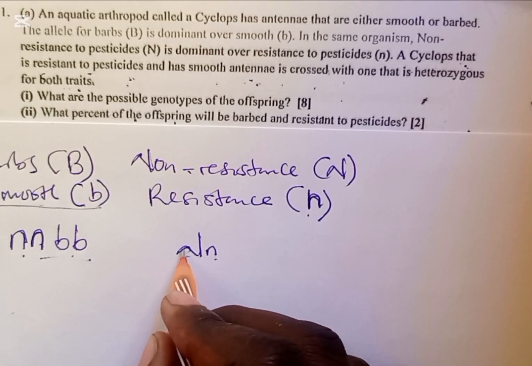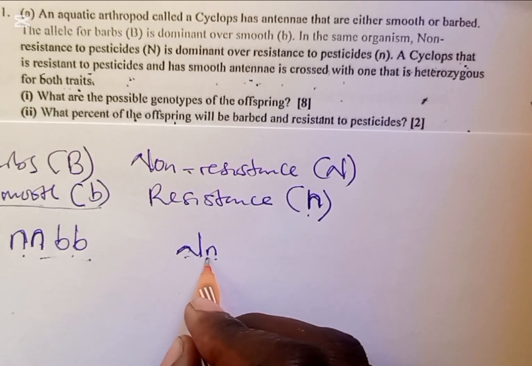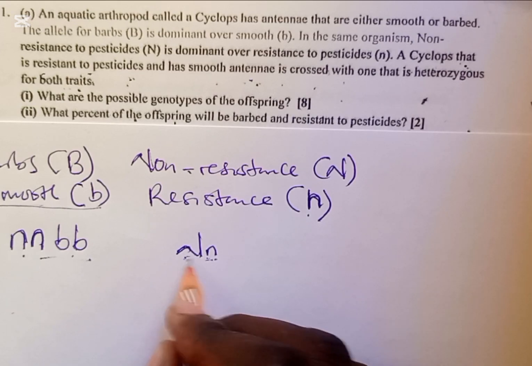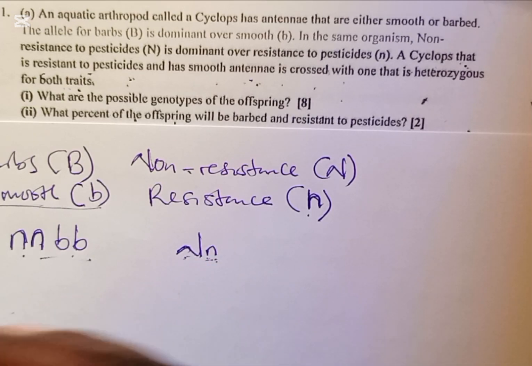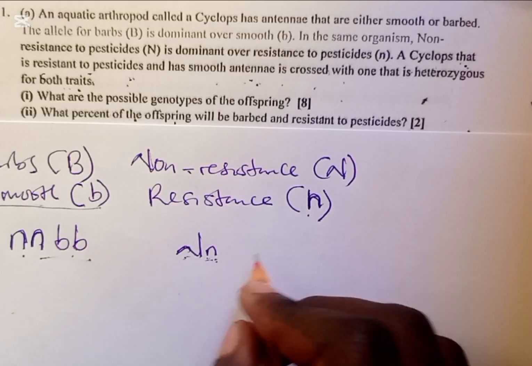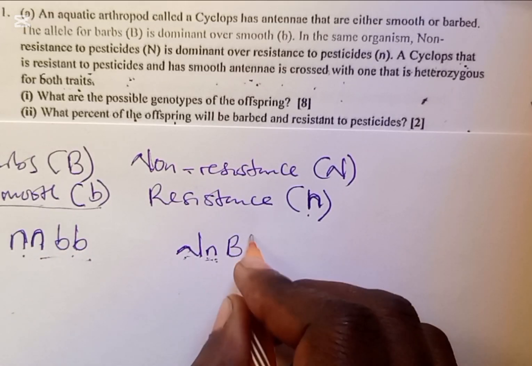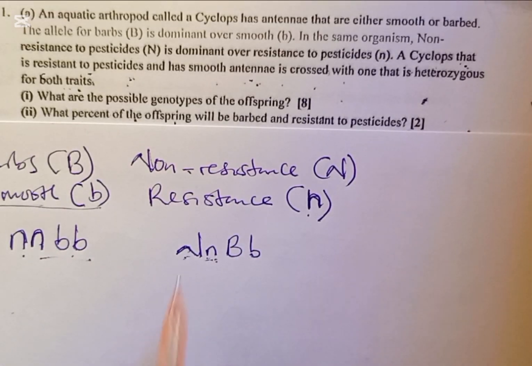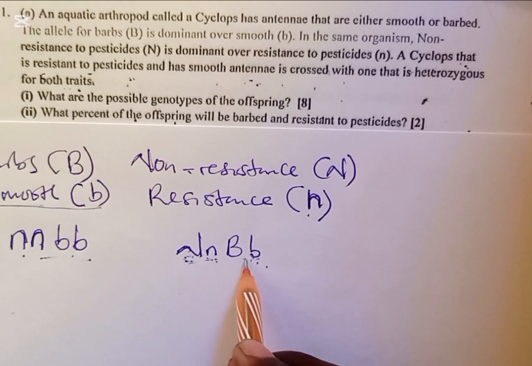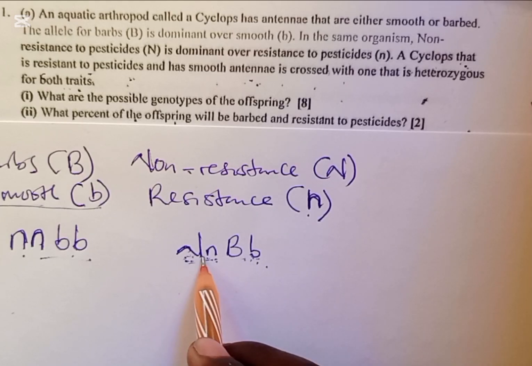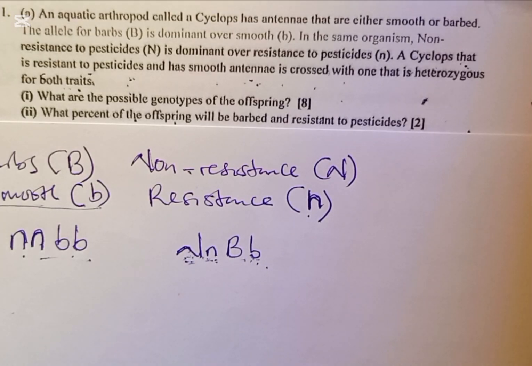Why? Because we have capital N, which is dominant over small n. So the genotype here is heterozygous. Now, they're saying it's for both traits, meaning that we're going to have also capital B and small b like this. So this is what we mean when we say heterozygous. The genotypes are not homozygous. They're not the same. So they are heterozygous.